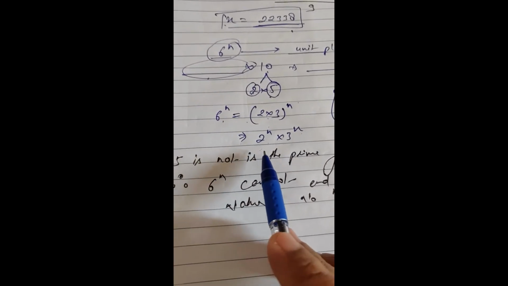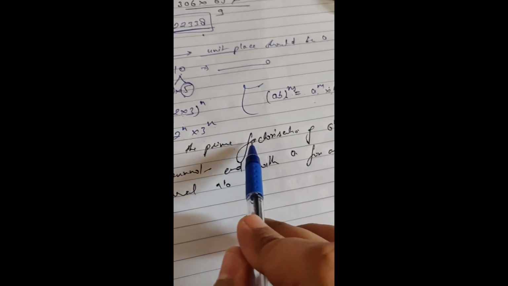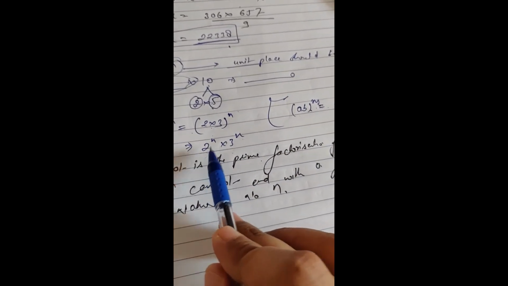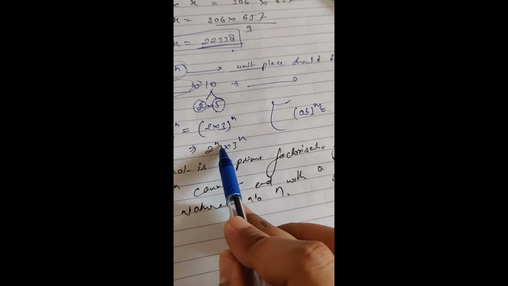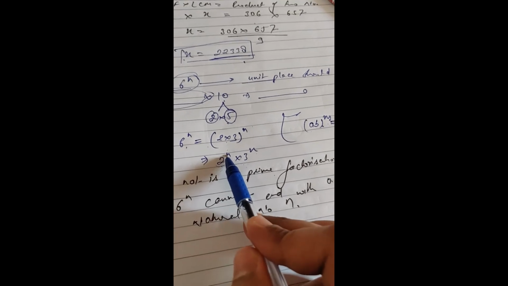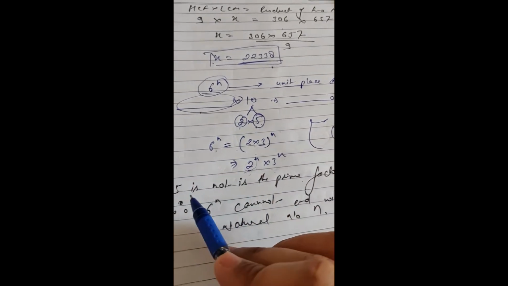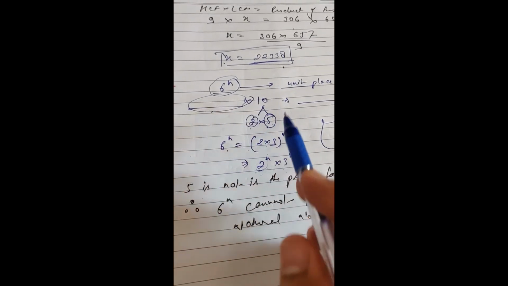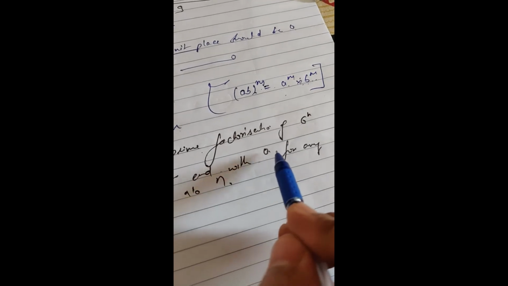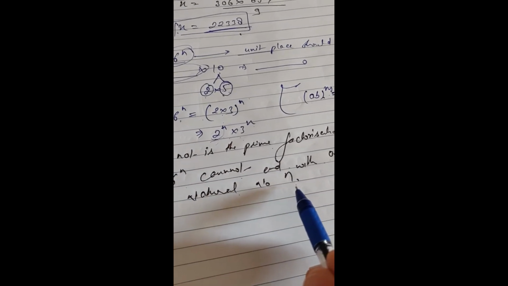We would notice that 5 is not in the prime factorization of 6^n. Well, it has 2, it has 3. 2 can be many times, 3 can be many times, but there is no 5. 2 is already there, and as I told you, 2 and 5 together make a 10. So 2 is there, but there is no 5 to make it a 0. Therefore, 6^n cannot end with 0 for any natural number n.